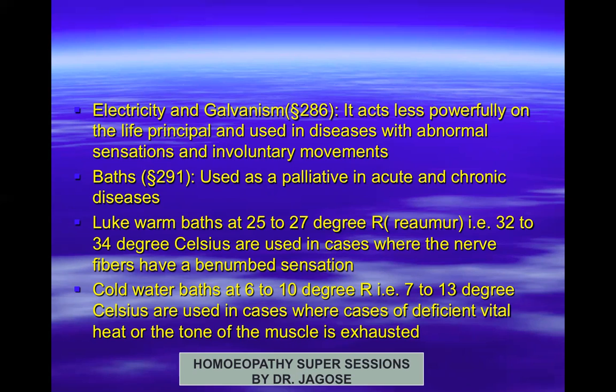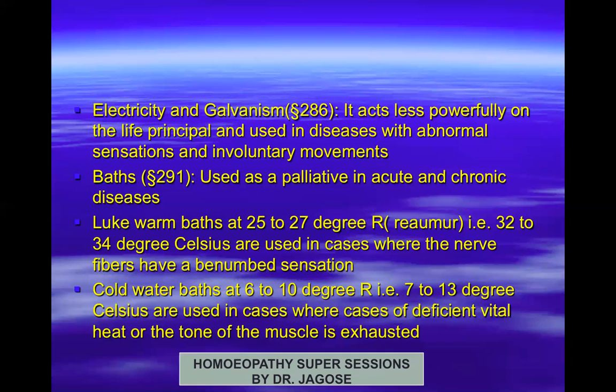Dr. Hahnemann says that a lukewarm water bath at a temperature of 25 to 27 degrees R. If you see in aphorism 290, he has given this degree R. Now, have you all ever asked your Organon teacher what R means? Or has the teacher told you what R means?